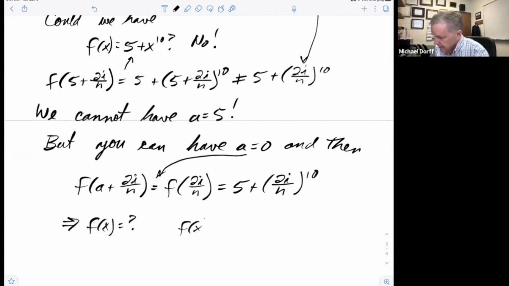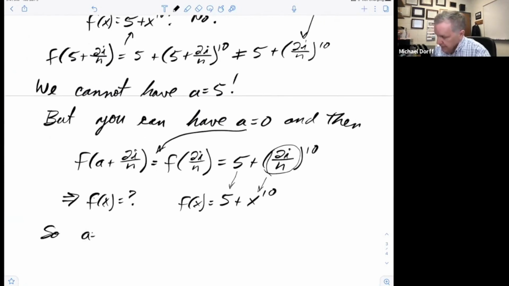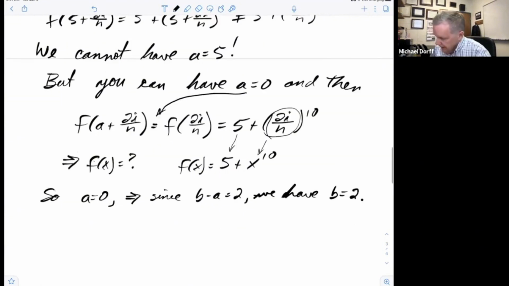Well, f of x would then be 5 plus x to the 10th, because the 5 is still there, and this is what changes. So a equals 0 works, and since b minus a equals 2, we'd have b equal 2.